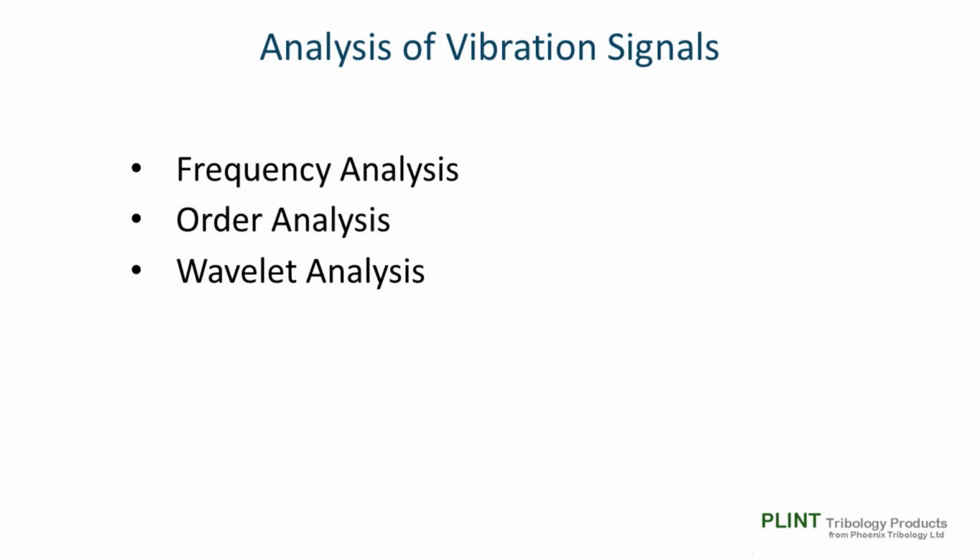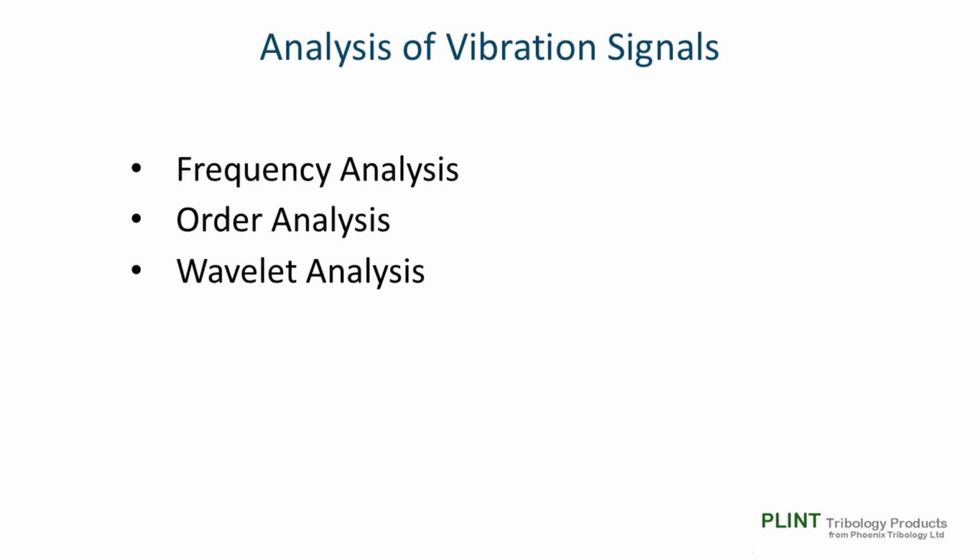Having acquired the signal, for it to be of any use at all, we need to process and analyze the output in order to convert the raw data into meaningful content. Frequency analysis is the most commonly used method for analyzing a vibration signal.